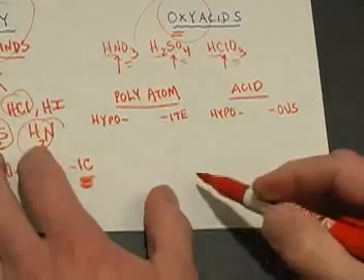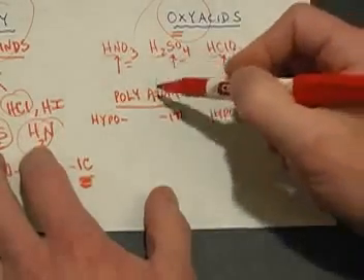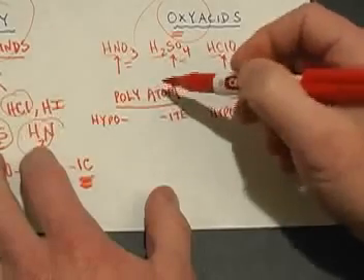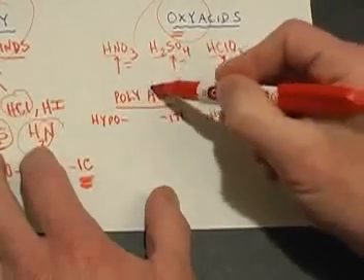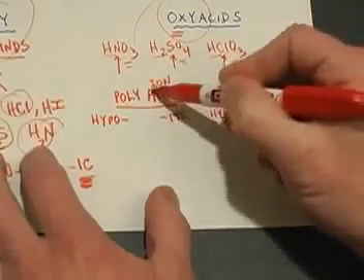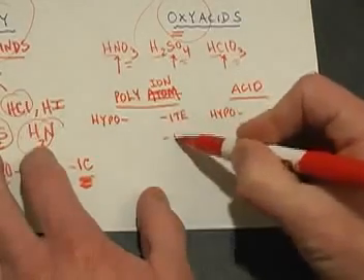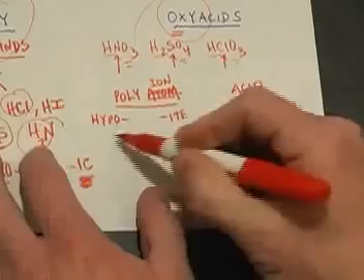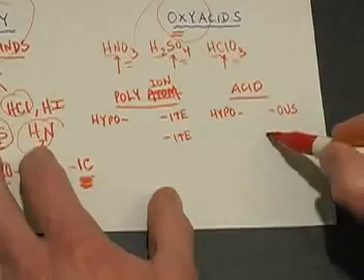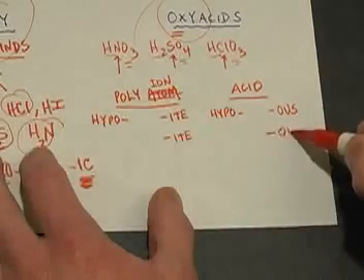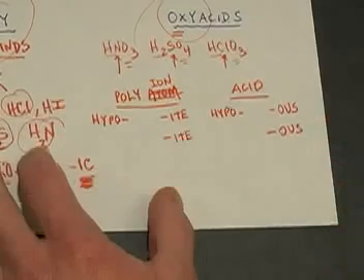If the polyatomic ion, and I should have written ion here, I don't know why I wrote atom, polyatomic ion. If the polyatomic ion simply ends in ite and has no prefix, then the acid name will simply change to the ending us.